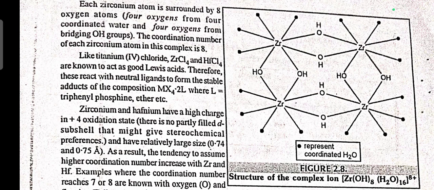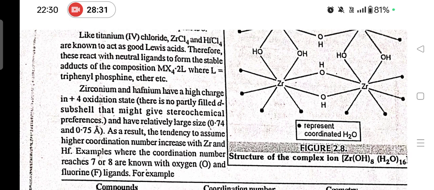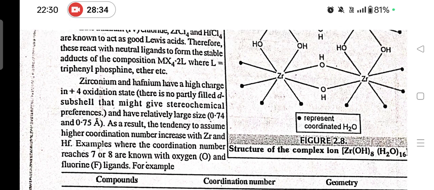Like titanium tetrachloride, ZrCl4 and HfCl4 are known to act as good Lewis acids. Therefore, these react with neutral ligands to form stable adducts of the composition MX4·2L, where L is a ligand such as triphenylphosphine or ether. Zirconium and hafnium have a high charge in the +4 oxidation state.